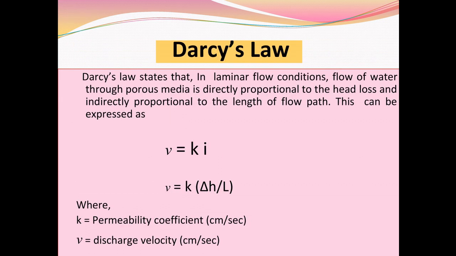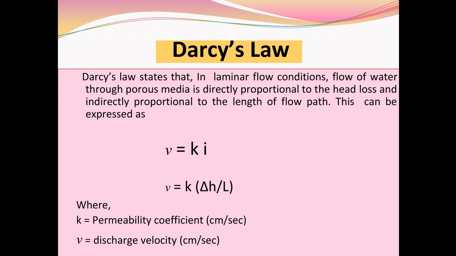Then we will discuss Darcy's law, which is important in determining the permeability values. Darcy's law states that in laminar flow conditions, the water flowing through the porous media is directly proportional to the head loss and inversely proportional to the length of the flow path.